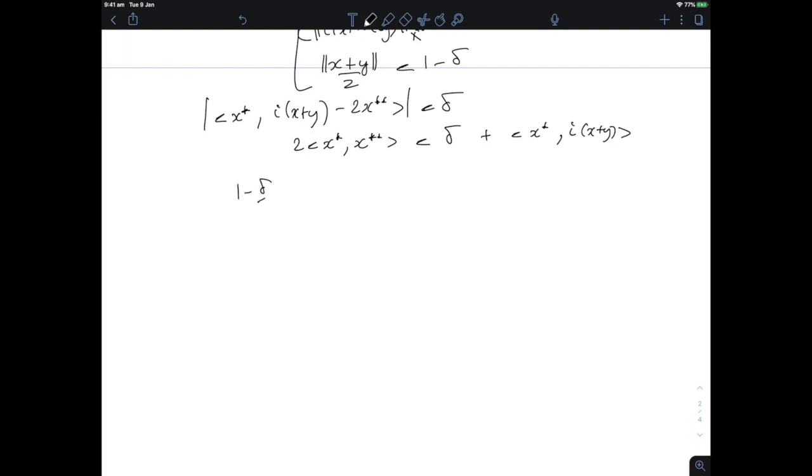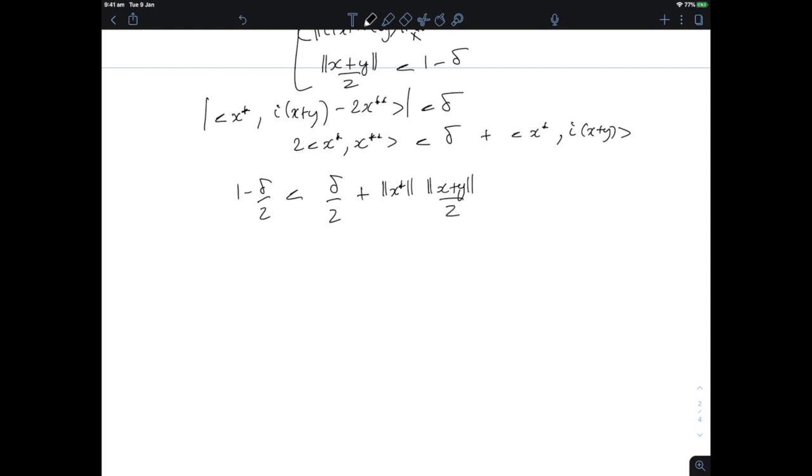So we have 1 minus delta over 2 smaller than delta over 2 plus, let's estimate that directly, norm of x star times norm of (x plus y) over 2.